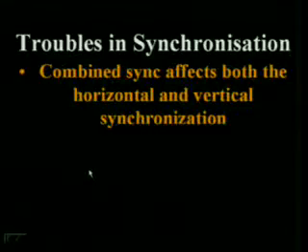What are the troubles in television for synchronization purpose? When we talk about the synchronization, synchronization means horizontal and vertical both. If there is a trouble in composite sync, it will affect horizontal and vertical both.